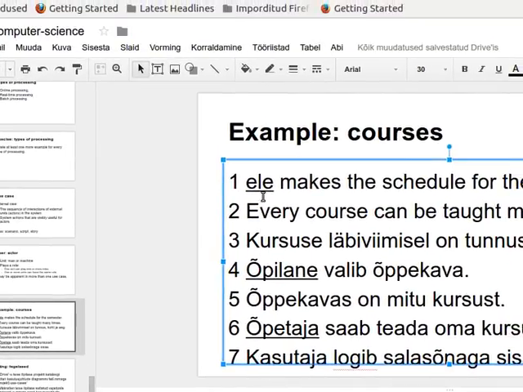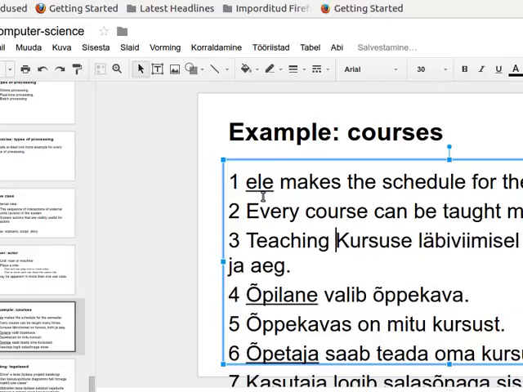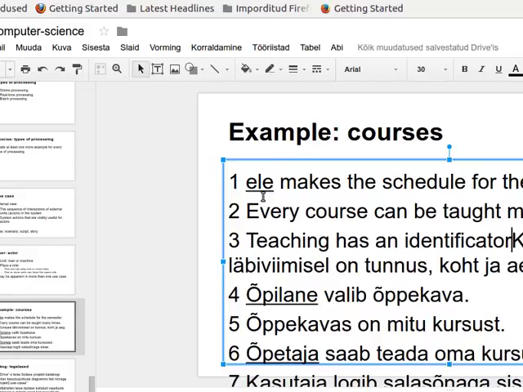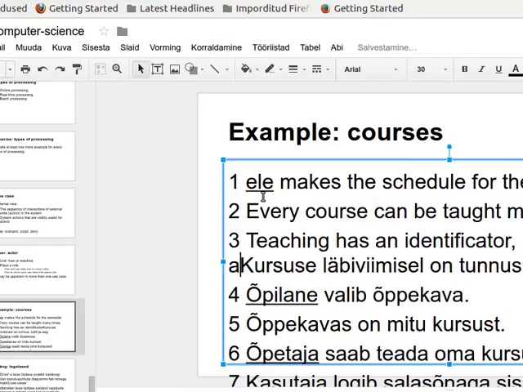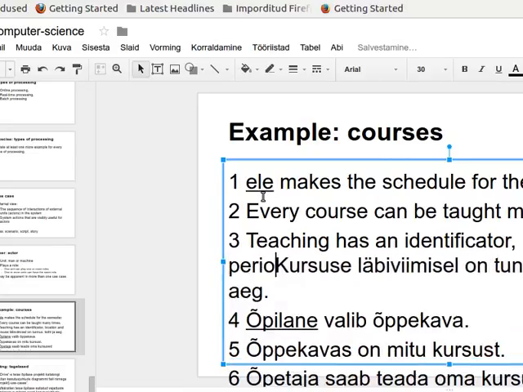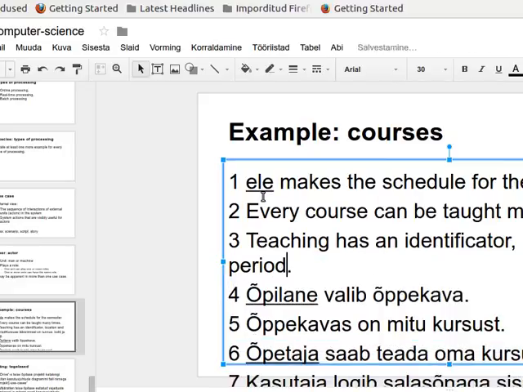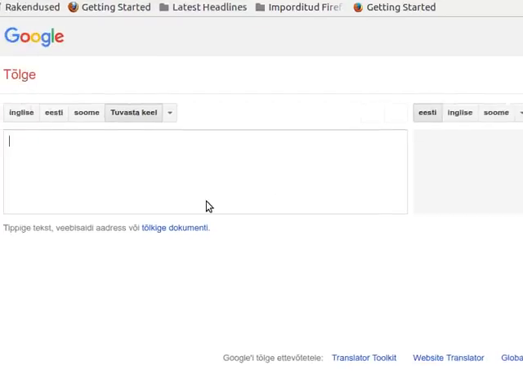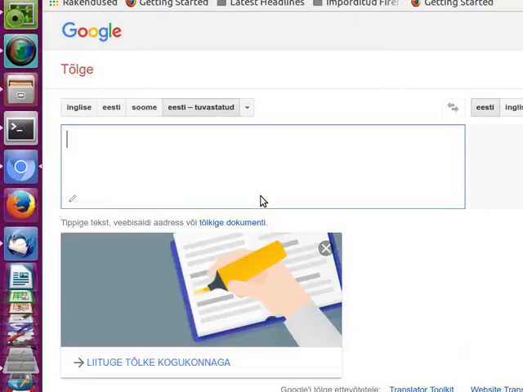The third one, teaching has an identifier, location, and period. Or can we say period in English? Period is a dot, right?